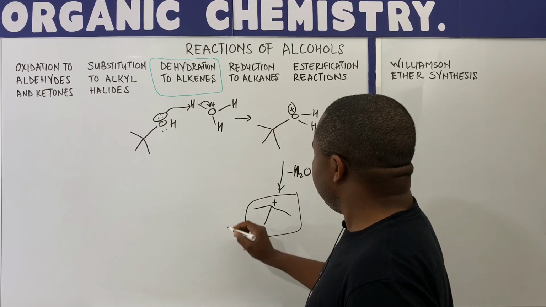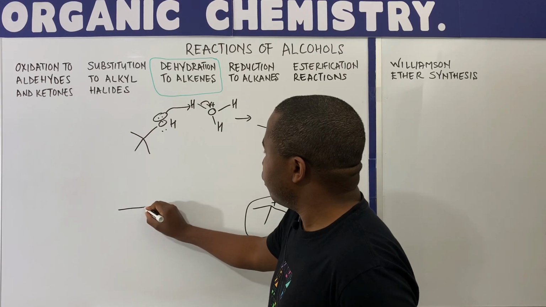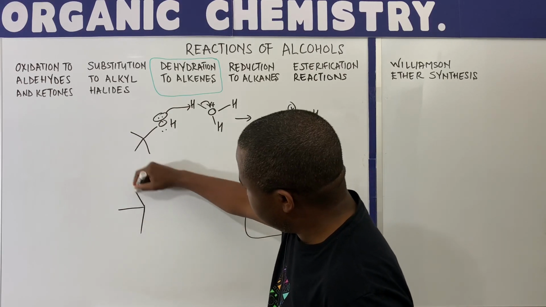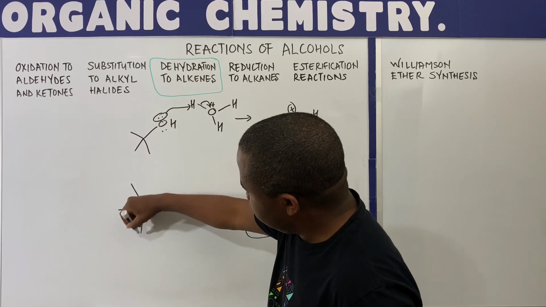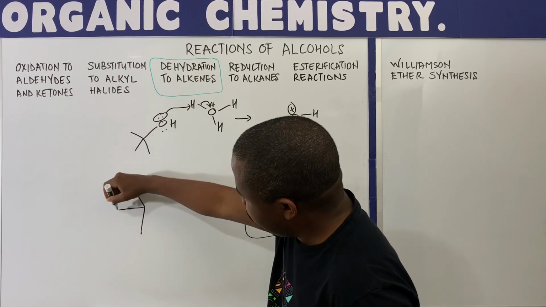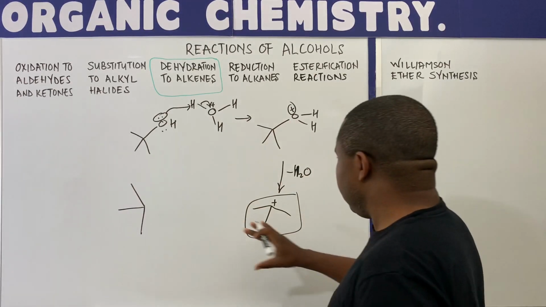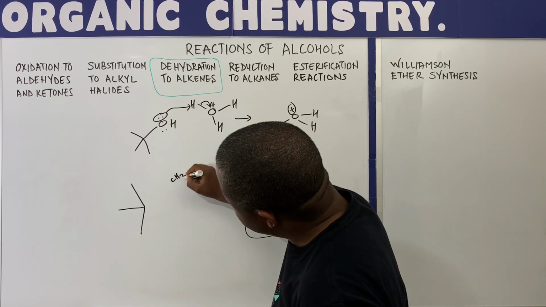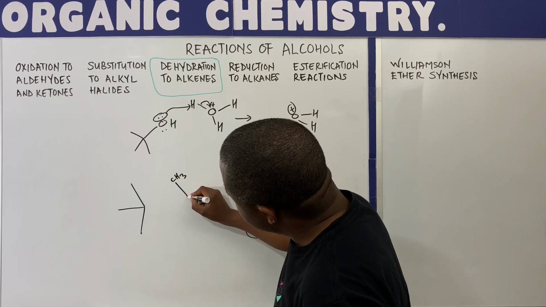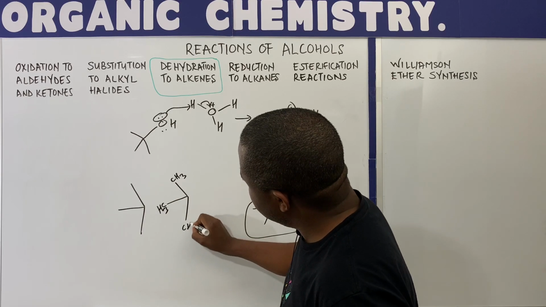The water molecule is going to, so let's redraw this structure here. You know that all these points here are basically CH3. So we can redraw this whole thing like this: CH3, CH3, CH3.